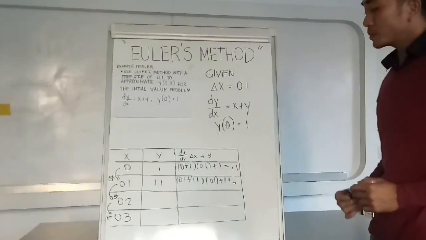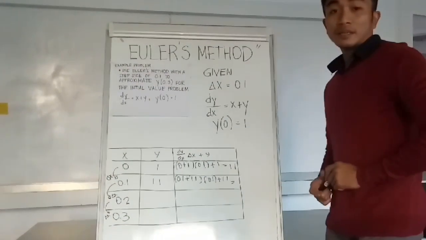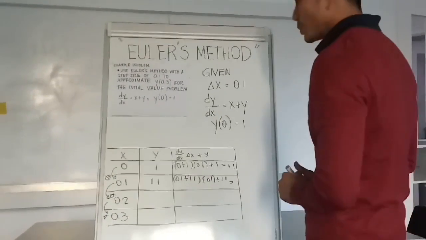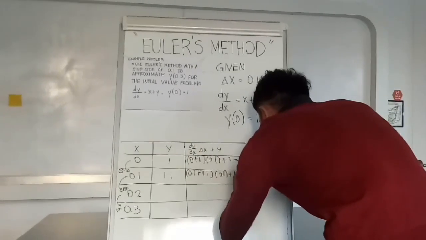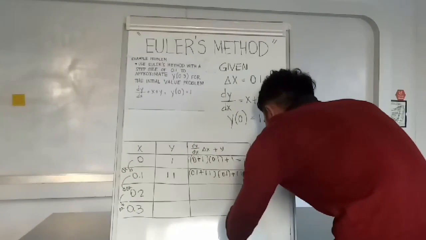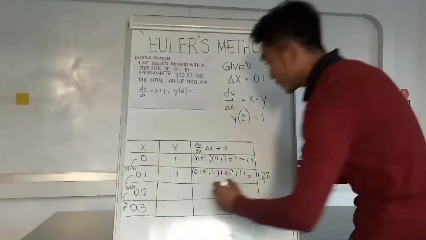So 0.1 plus 1.1 is 1.2, times 0.1, plus 1.1, gives 1.22. The current value for y now is 1.22.